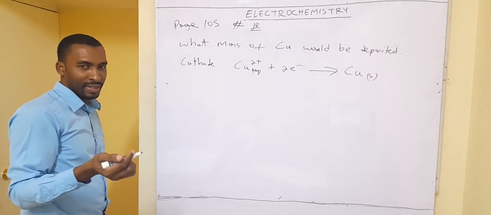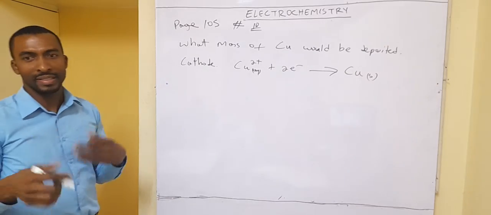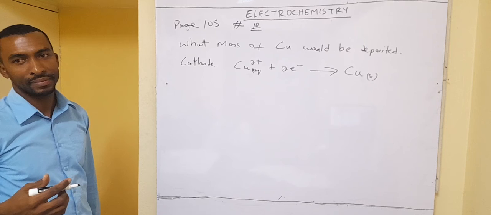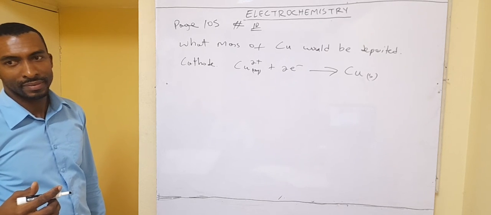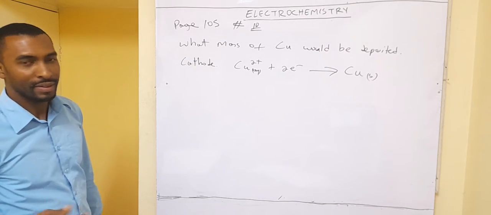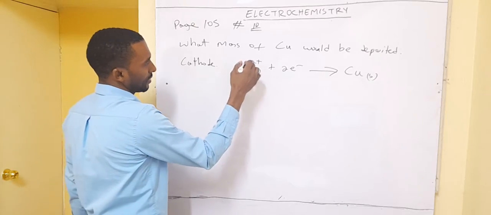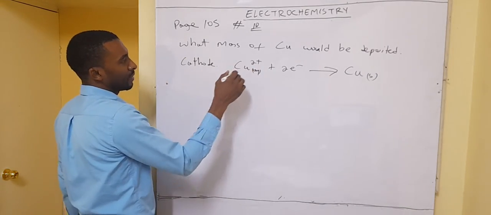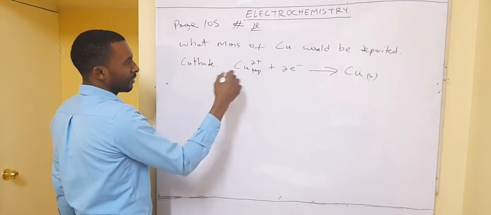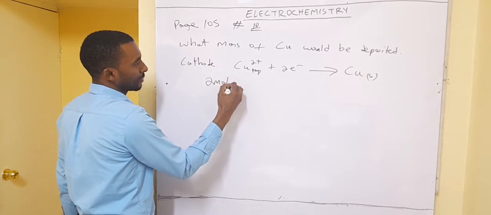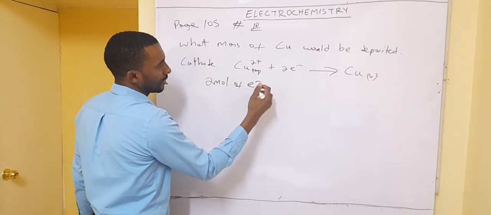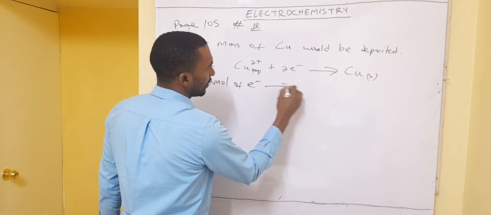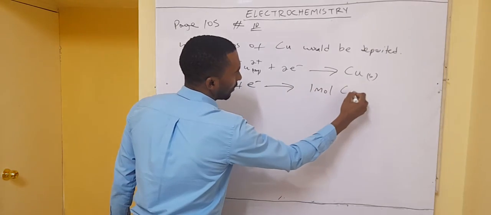Remember that we already did the quantity of electricity. So in this case, we would require 2 moles of electrons to deposit 1 mole of copper.